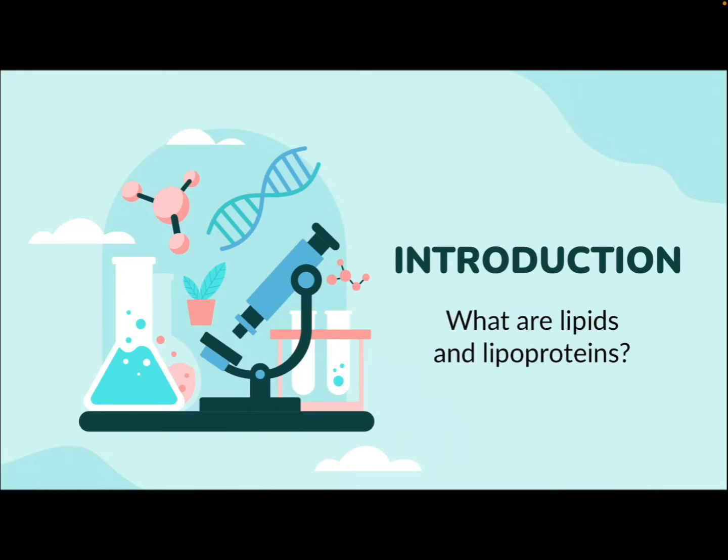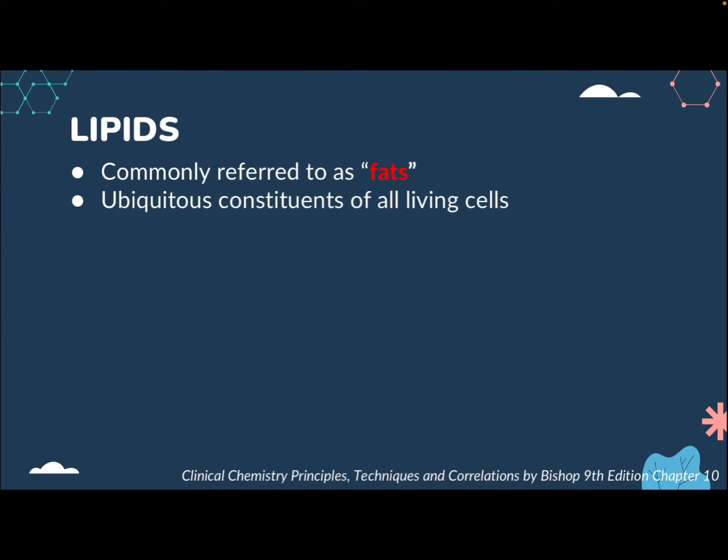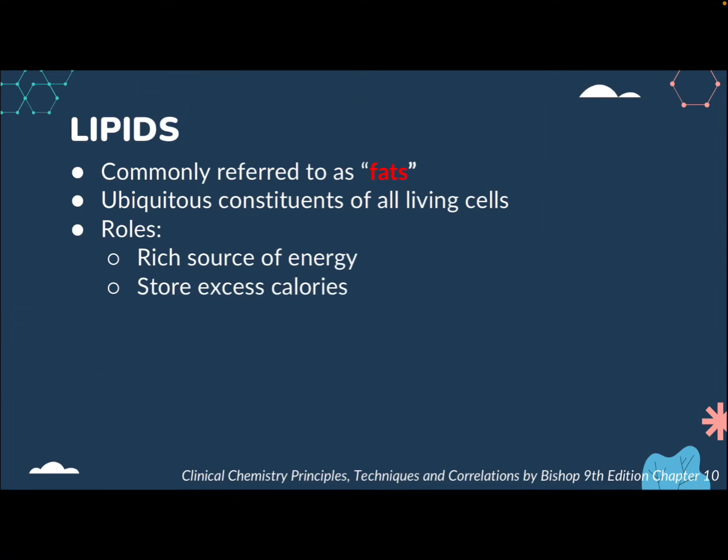For introduction, what are lipids and lipoproteins? Lipids are commonly referred to as fats. They are ubiquitous constituents of all living cells and play several roles. First, because they are composed of mostly carbon-hydrogen or CH bonds, they are a rich source of energy and an efficient way for the body to store excess calories.